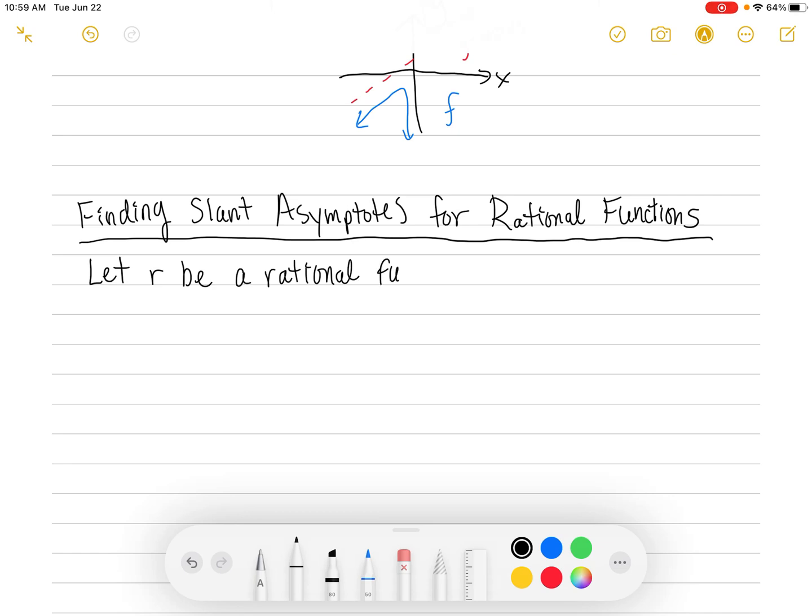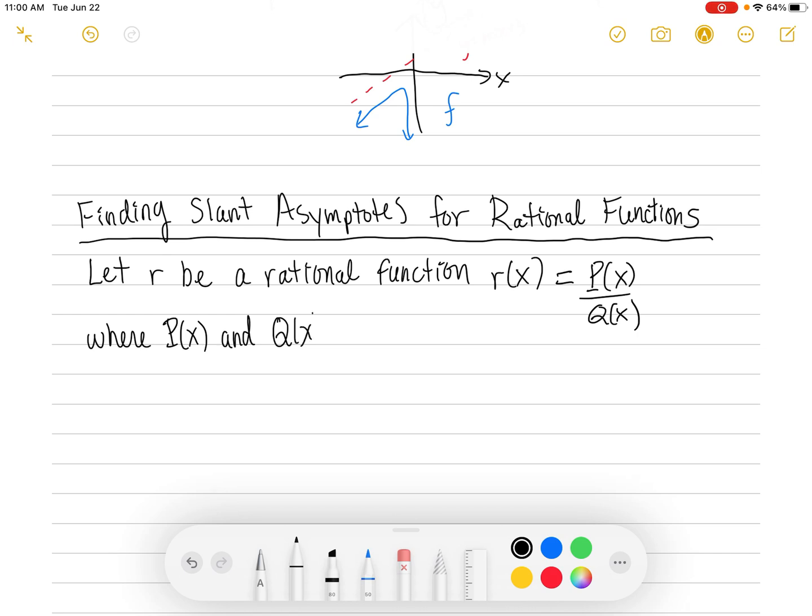Let R be a rational function. R of x equals, let's say, P of x on top, Q of x on bottom. So P of x is the polynomial on top, Q of x is the polynomial on bottom, where P and Q are polynomials.